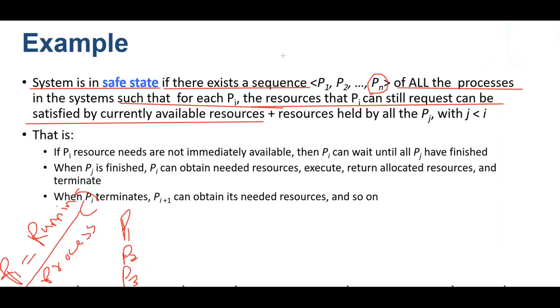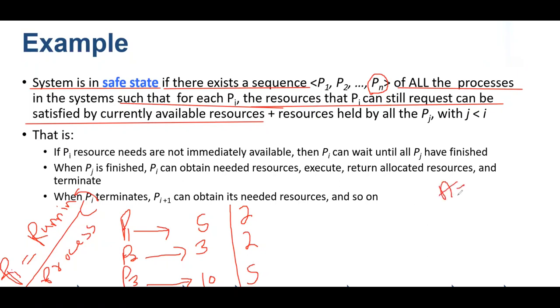Okay. So let's suppose P1 is demanding 5 resources, P2 is demanding 3 resources, and P3 is demanding 10 resources. The system allocates to them 2 resources, 2 resources, and 5 resources. So how many resources are allocated?